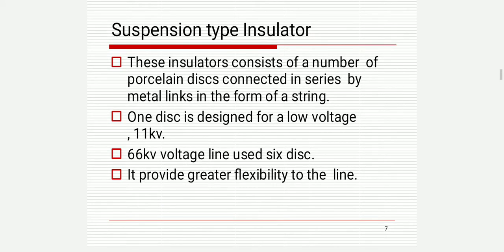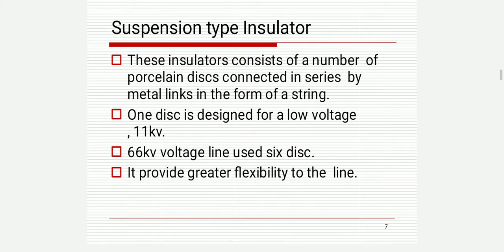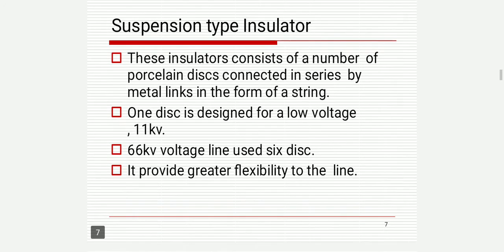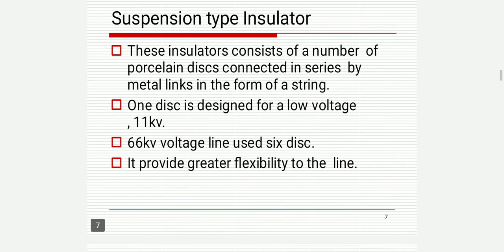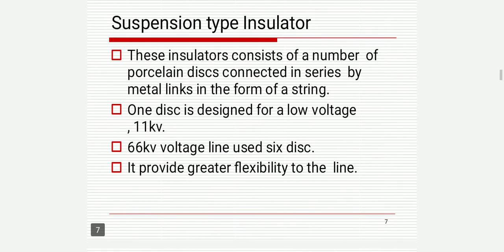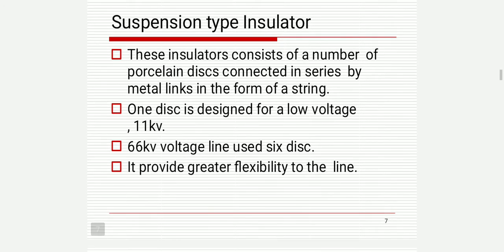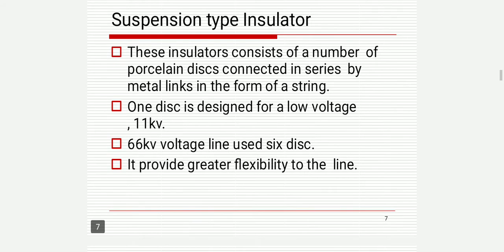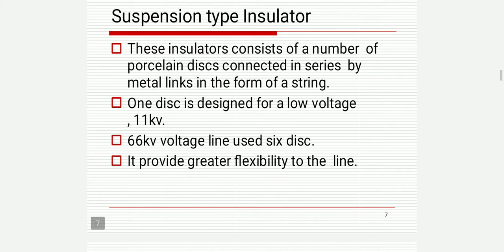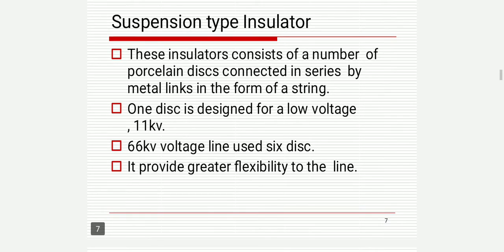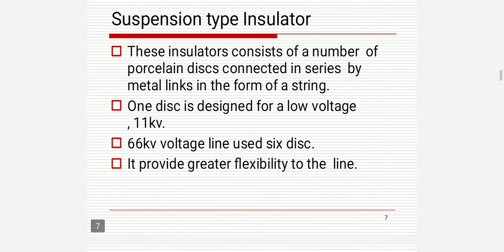Suppose I want to use suspension type insulators for 66 kV, I need to use 6 discs connected in series. Hence the suspension type insulator can also be called a disc type insulator or string type insulator. When compared with the pin type insulator, the suspension type insulators provide greater flexibility to the line.